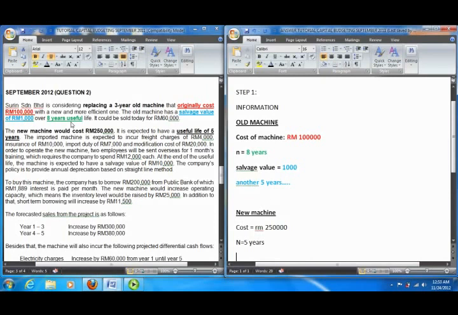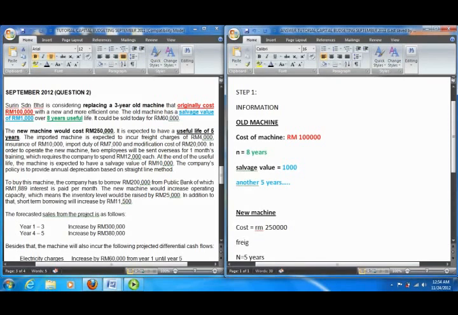Next. As you can see, class, the imported machine is expected to incur freight charges of 4,000, insurance of 10,000, import duty of 7,000, and modification cost of 20,000. So we state all the costs in the information for the new machine.